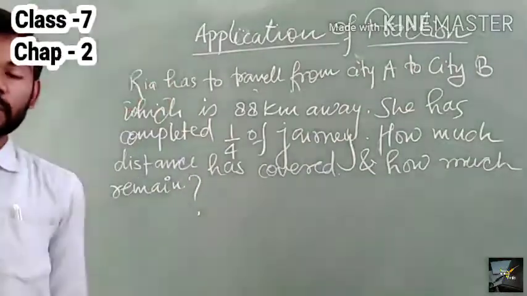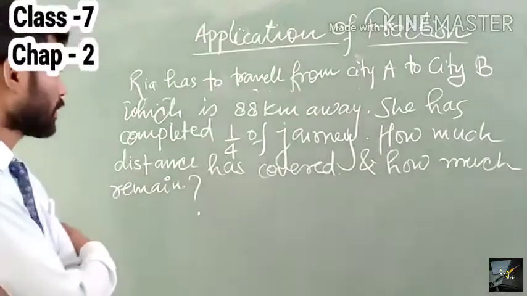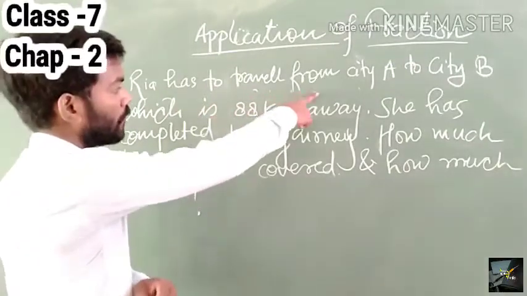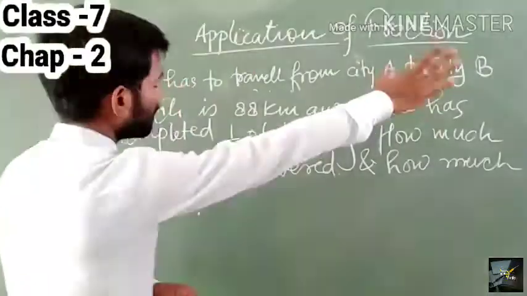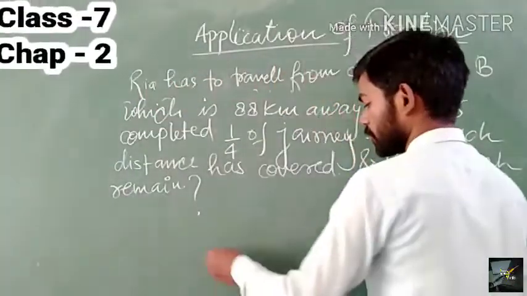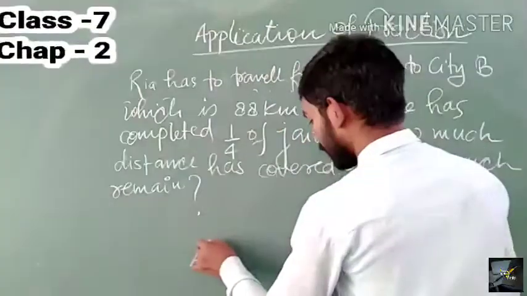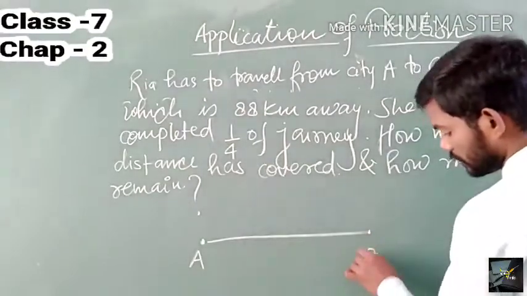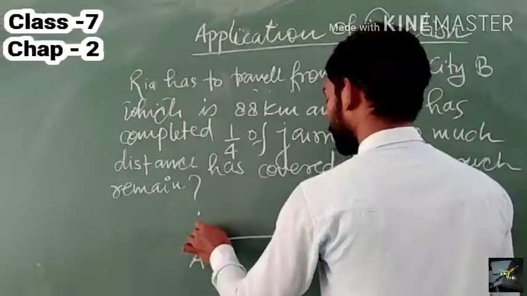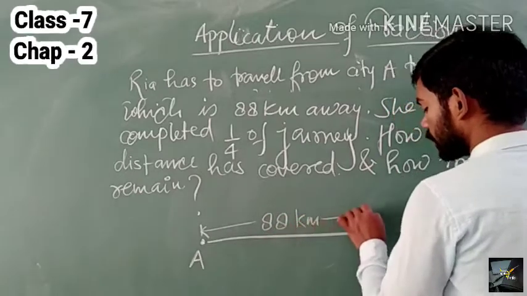Now let's see what the question says, and then we shall try to solve. The question says that Ria has to travel from city A to city B, which is 88 kilometers away. Suppose that this is city A and this is city B. The distance between city A and city B is 88 kilometers.